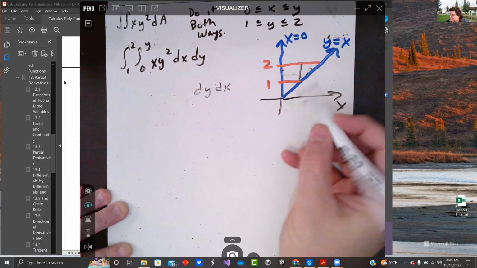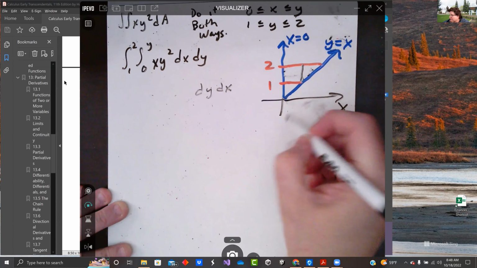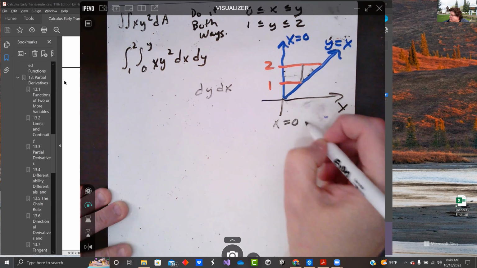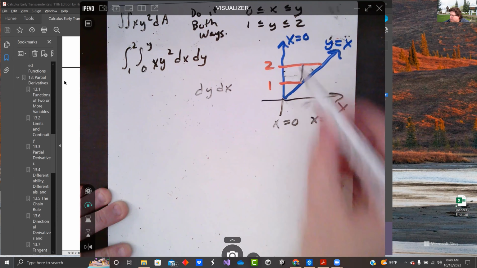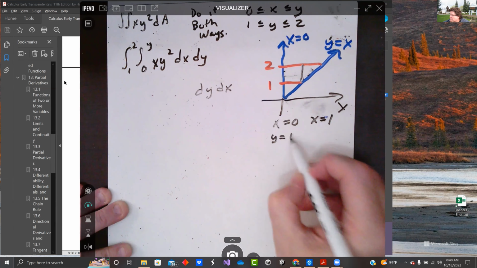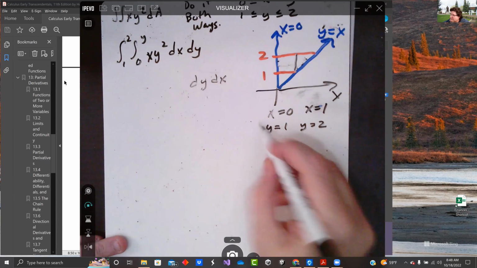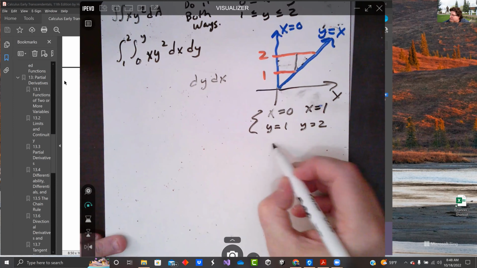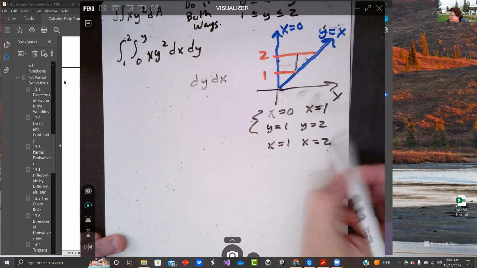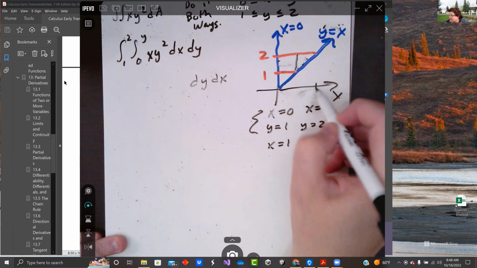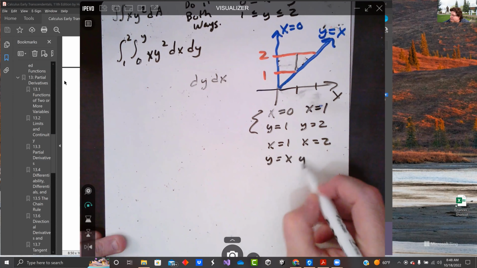So what happens with dy? Well, from x equals 0 to 1, y is just going from 1 to 2. But then when x is going from 1 to 2, right here, y is going from x to 2.